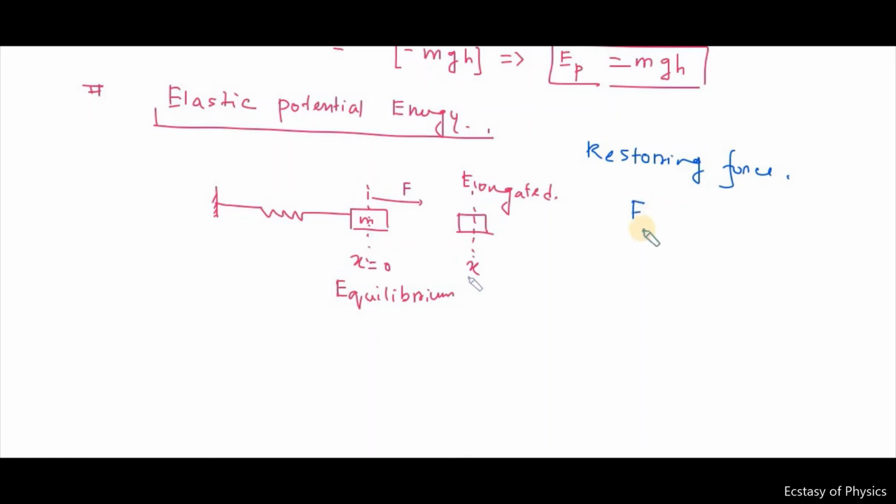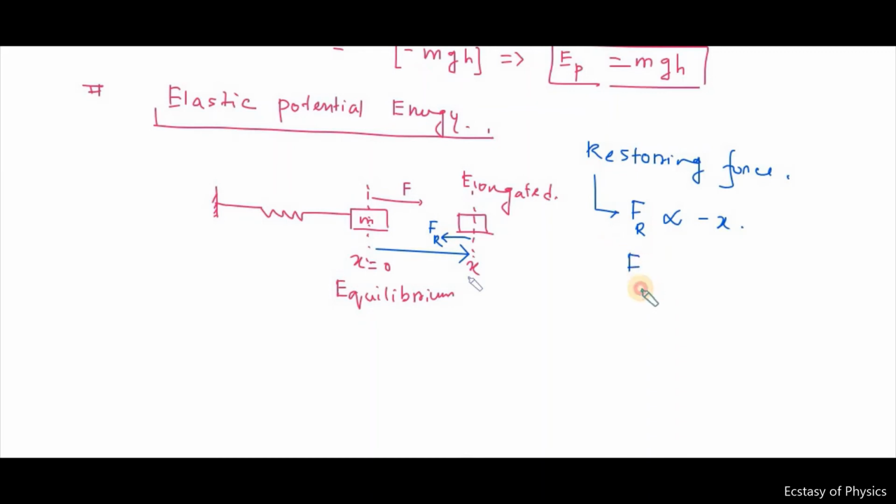The restoring force, represented by Fr, is proportional to the negative of displacement, because the displacement happens in the positive x-axis direction, but due to the restoring force the object will come back to its mean position. So we consider that the restoring force is exerted in the opposite direction of the displacement, and it is proportional to the magnitude of displacement. If we increase the displacement, that means if the spring is more stretched, then the restoring force built inside the spring will also be more.